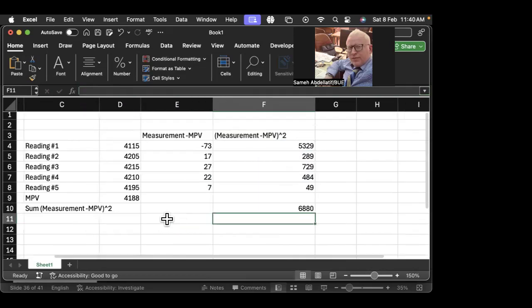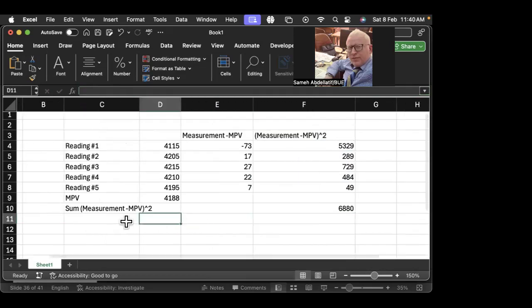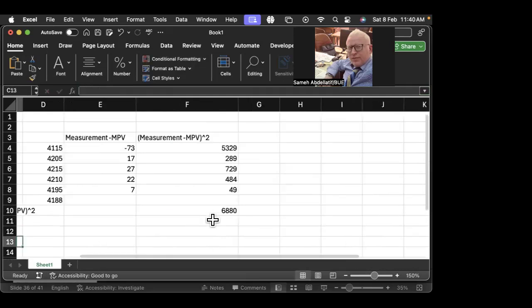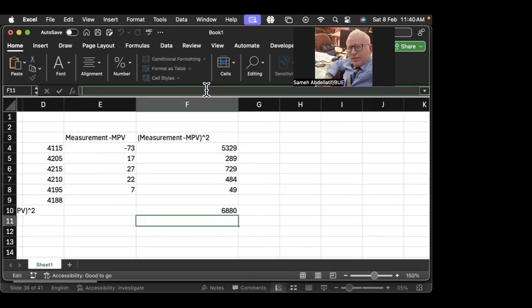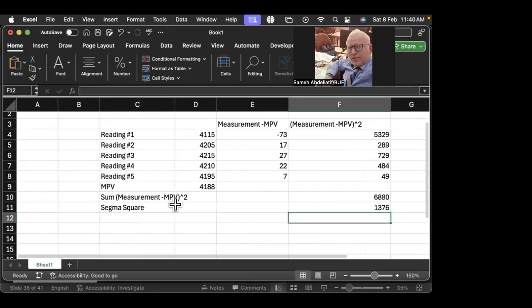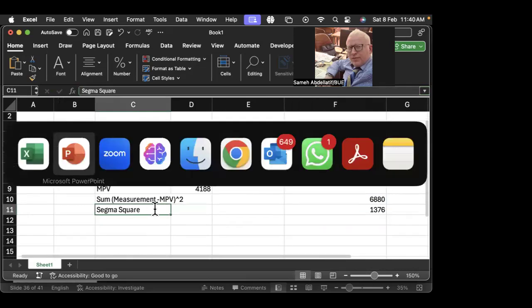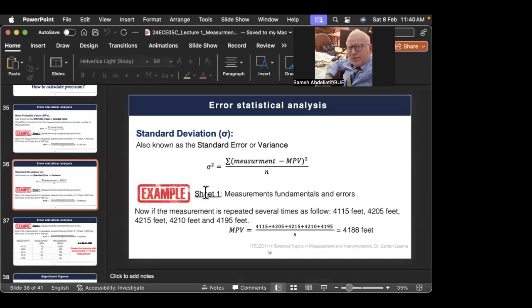This is the sum, and finally we need sigma square, which is the variance, which will be this number divided by 5. So this is the sigma square.